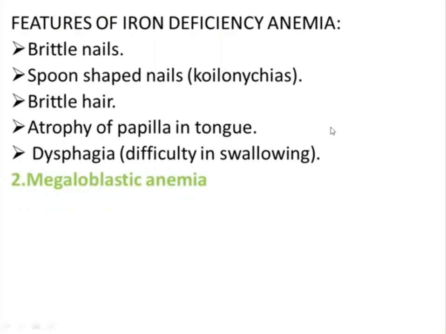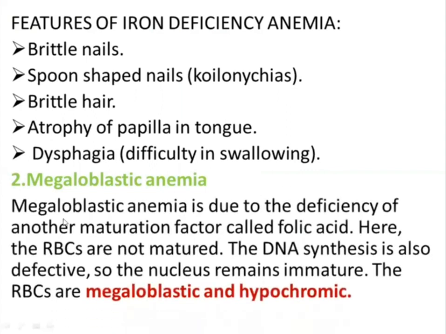Then we will see the other nutrition deficiency anemia, the megaloblastic anemia. The megaloblastic anemia is due to deficiency of another maturation factor called folic acid. Here RBC are not matured. The DNA synthesis is also defective. So the nucleus remains immature.